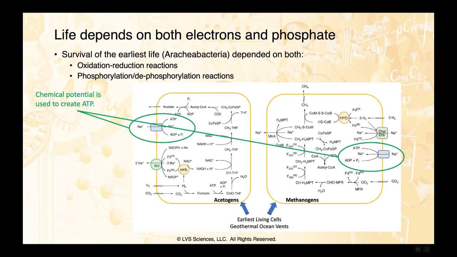We talk about how that works in the proton motive force. When protons are used, we call it oxidative phosphorylation. Okay, here it's a sodium ion that's doing exactly the same thing. Now remember, these are the earliest known forms of life, the Archaebacteria. This gets a lot more complicated when we go to more recent forms of life.